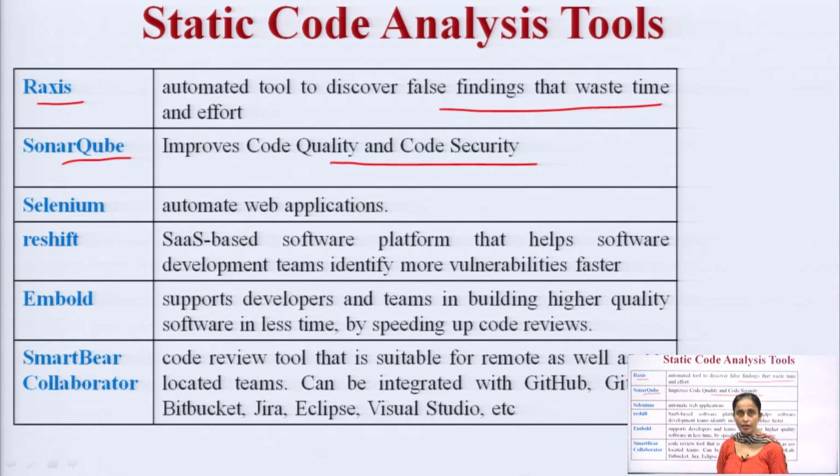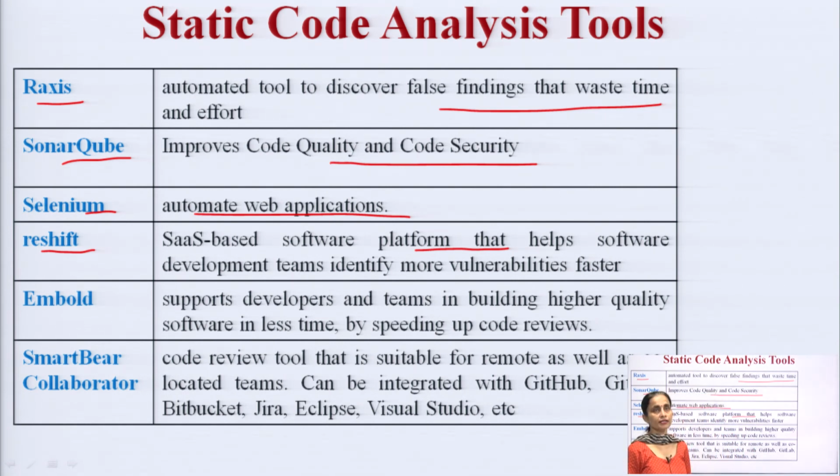So code security is also added in this automation tool. Then is Selenium, which automates web applications. Then is Reshift, a SaaS based software platform that helps the software development team identify more vulnerabilities.